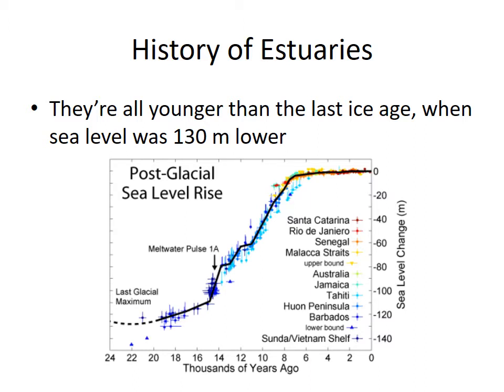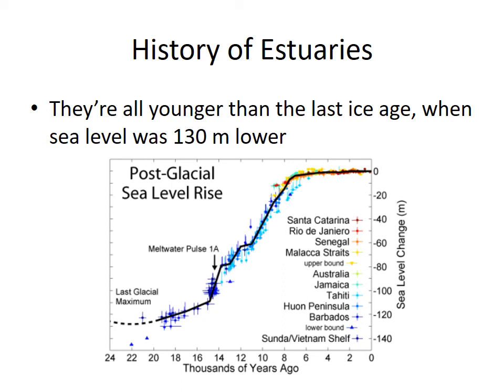Okay, so one thing that all estuaries have in common, regardless of what geological forces sculpted the land there, is that the estuaries that we know today have not been around in their current form for very long. They're all younger than the last ice age because sea level was so much lower during the last ice age.